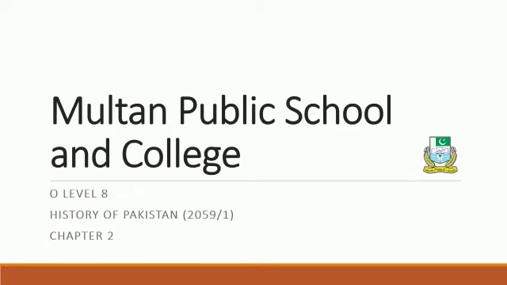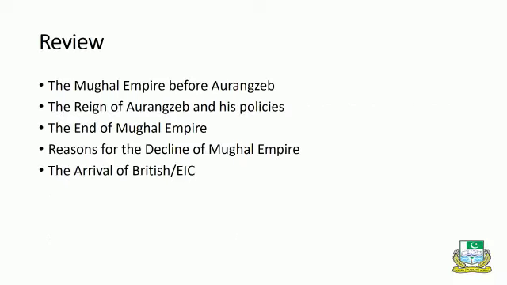We are studying chapter number 2, that is, what were the causes and consequences of the decline of the Mughal Empire. Let's have a look at the topics which we had discussed in our previous lectures. Among them, the Mughal Empire before Aurangzeb Alamgir, where we discussed early Mughal rulers.